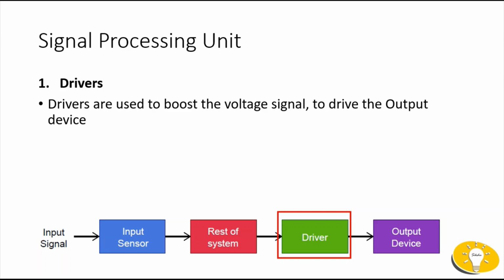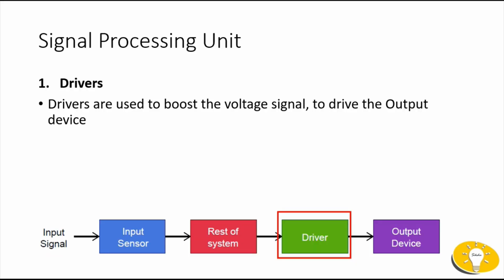The first processing subsystem that we are going to look at is the drive. The voltage of the signal generated by most of the input sensors is often insufficient to drive the output device directly.